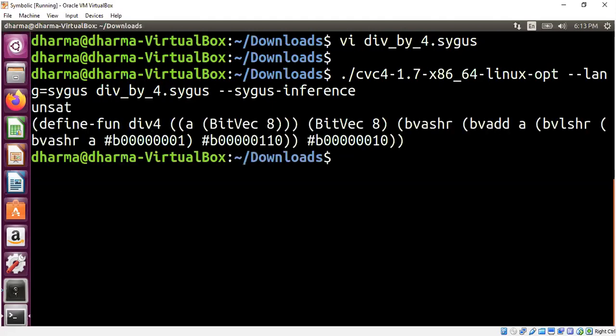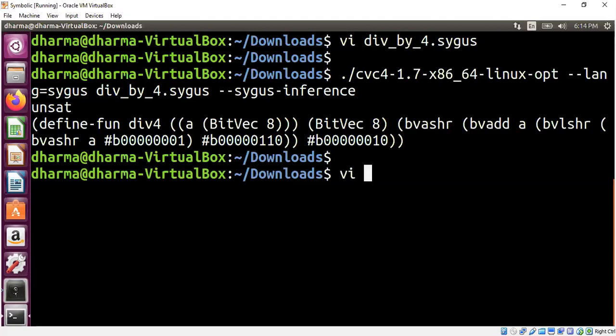It takes a few minutes. Okay, so there you go. As you can see, there is no division here. It's shift right, add, logical shift right, and shift right. That's all. And it was able to come up with these values also. These constants are already picked by the program synthesizer to meet the goal of the synthesis.